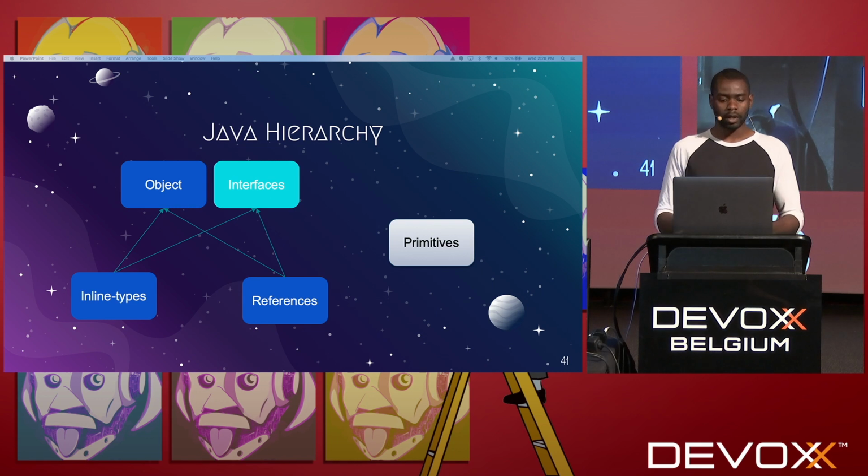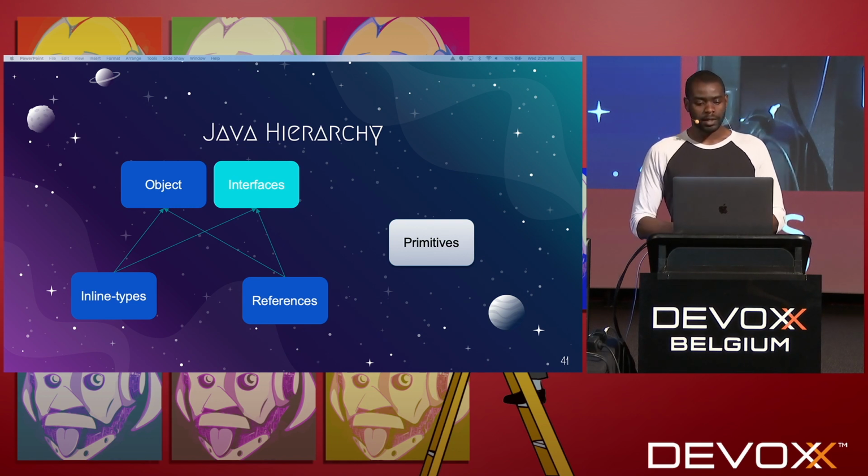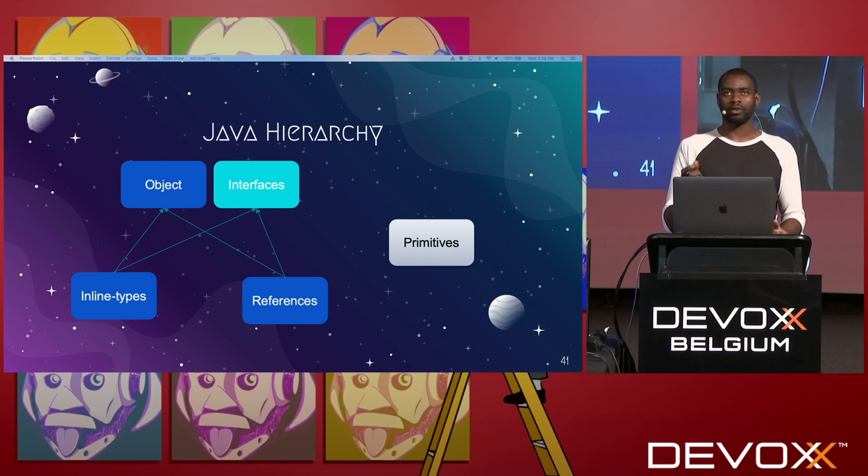So this is very good for usability. Off to the side are primitives. Primitives don't have the same interoperability with references. This is why there's a lot of boxing involved when you're trying to use primitives with APIs. So this is one of the benefits of inline types, because you get the usability of reference types with the performance of primitive types.